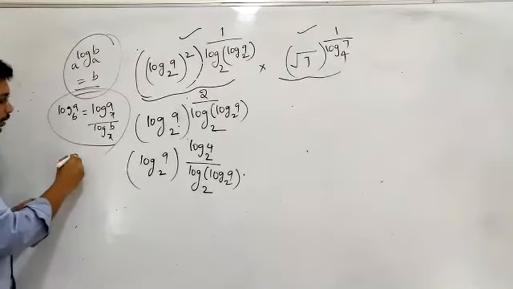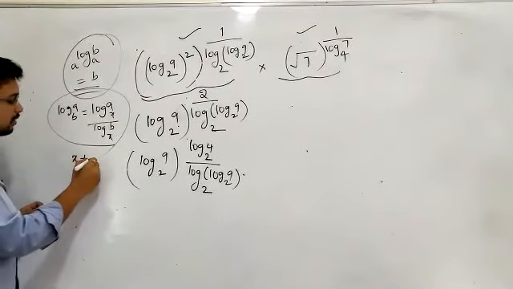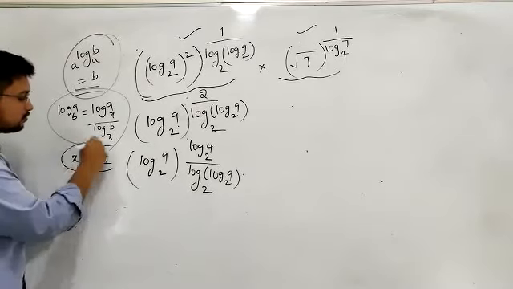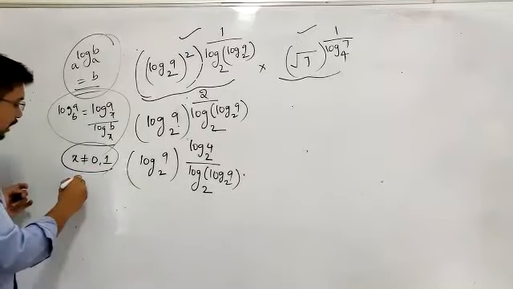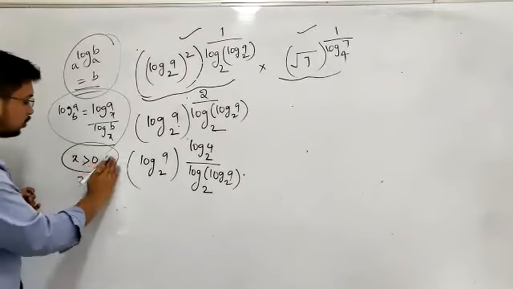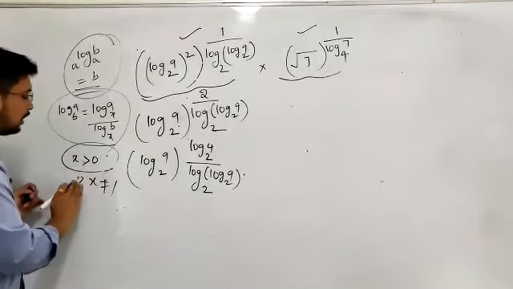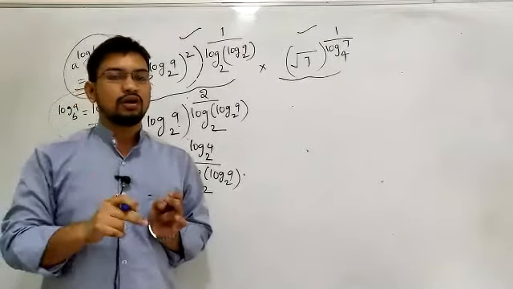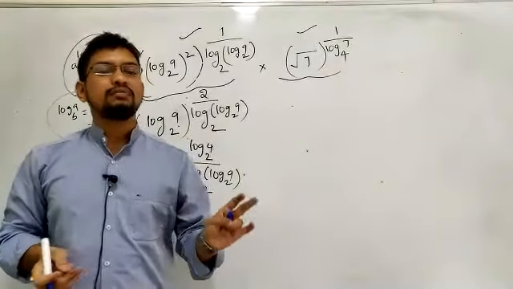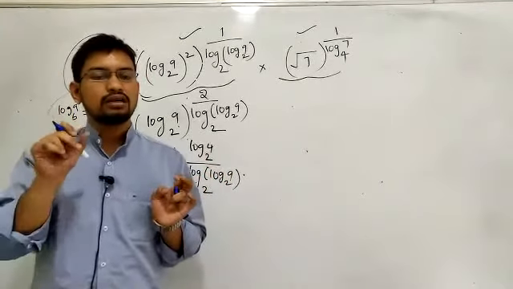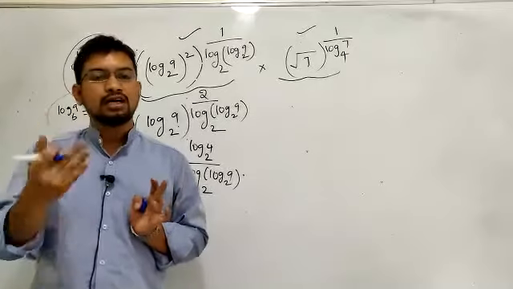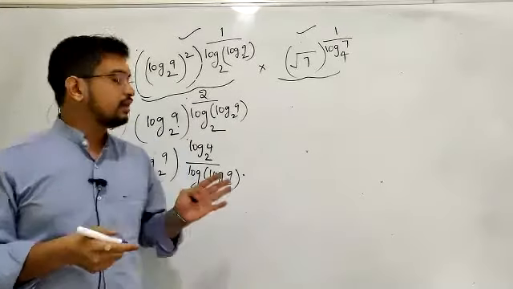The mistake students commit here is that the base cannot be 0 and cannot be 1. Remember, base has to be greater than 0 and base is not equal to 1. Because whatever base you are writing, for that base the logarithm must be valid. For that base, on whatever condition you are taking, that condition on that logarithmic term or expression must be valid. Look at it in such a condition.